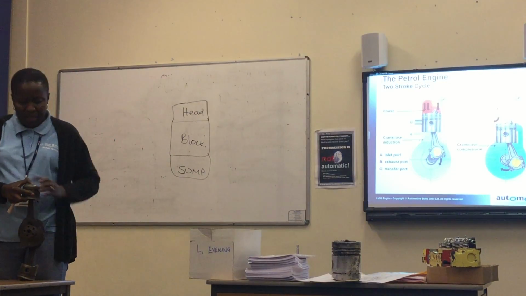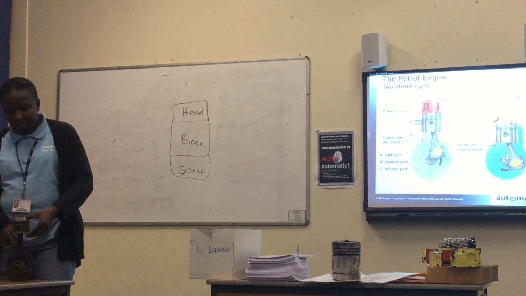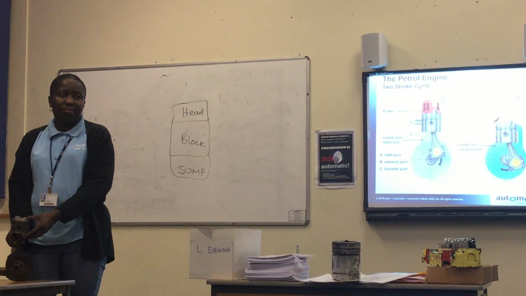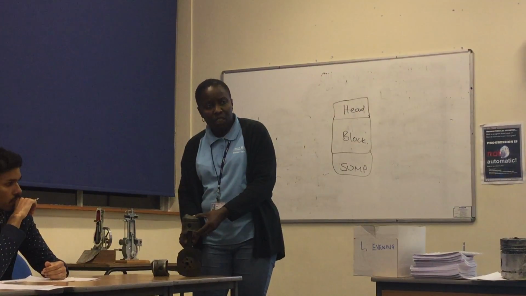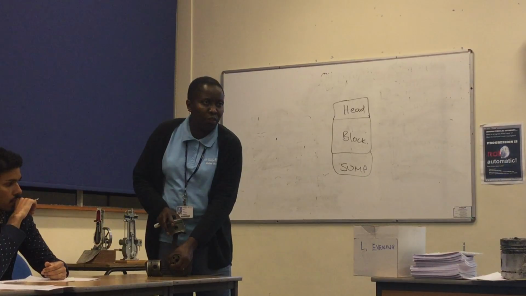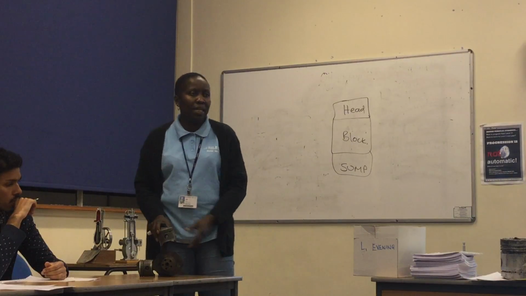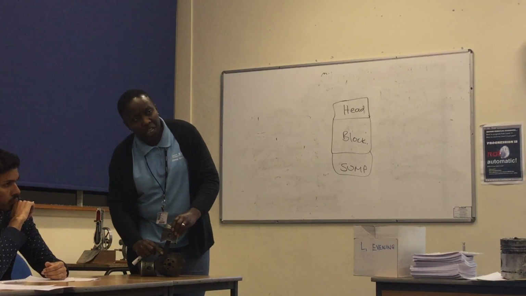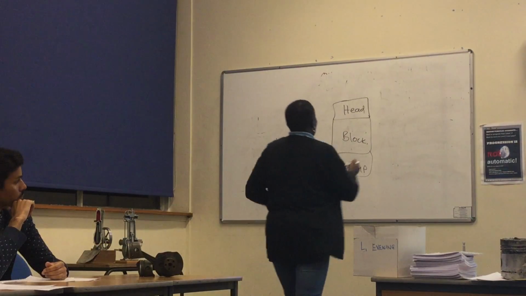We have a pin, the gudgeon pin, which will connect the piston to the piston leg, which we call the connecting rod. So that pin connects that to the leg, which is the connecting rod. Then the connecting rod is attached to the crankshaft. So much so that as this turns, the pistons will be going up and down. So we have a piston, a gudgeon pin, a connecting rod, and crankshaft. Now, the spelling for gudgeon pin.